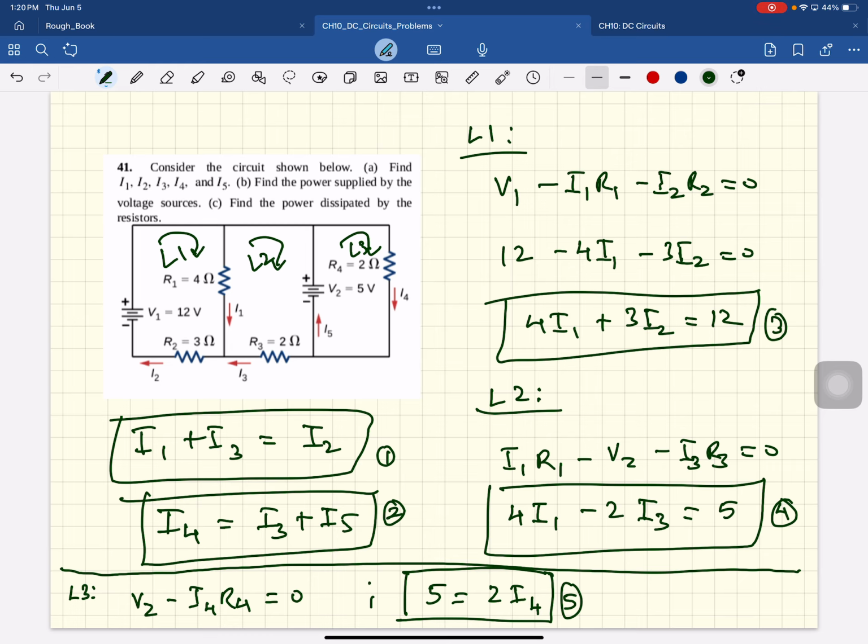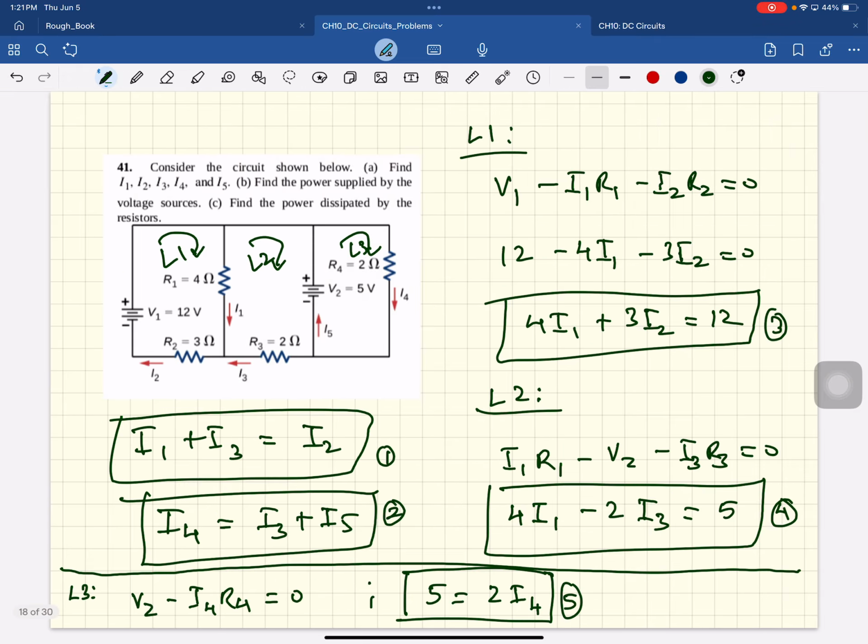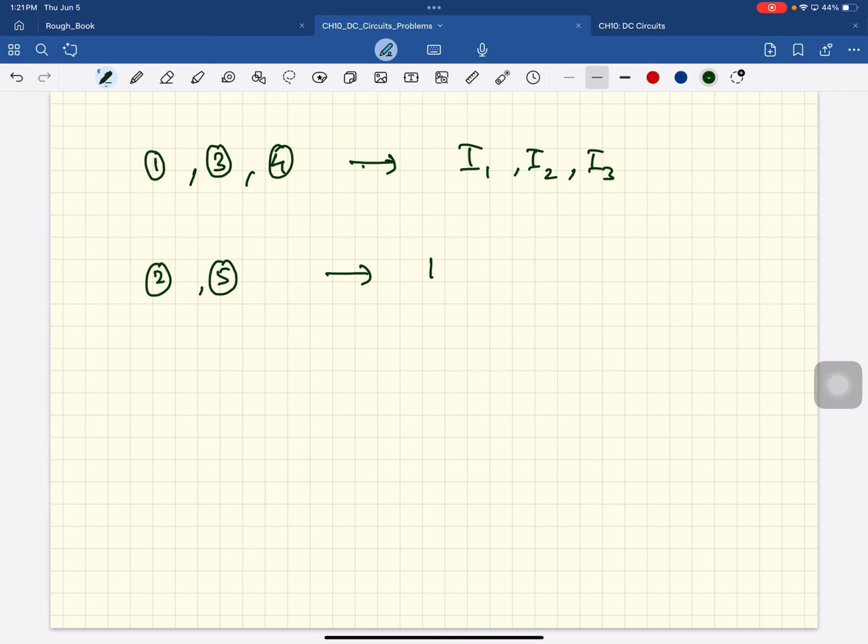And then 2 and 5 will give you I4 and I5.